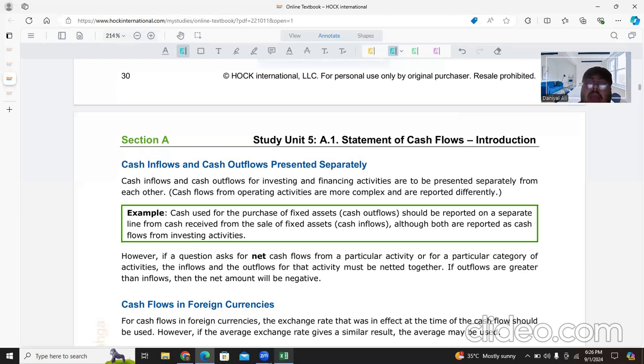A negative balance indicates that we are heavily investing: in property, in land, in other investments, but we are not selling our previous assets to get cash. You need to understand these things.